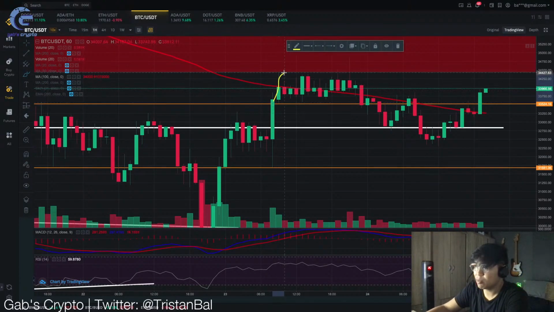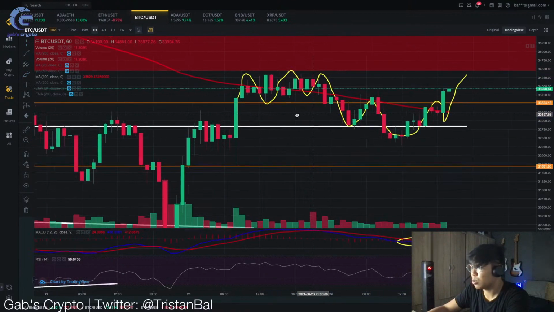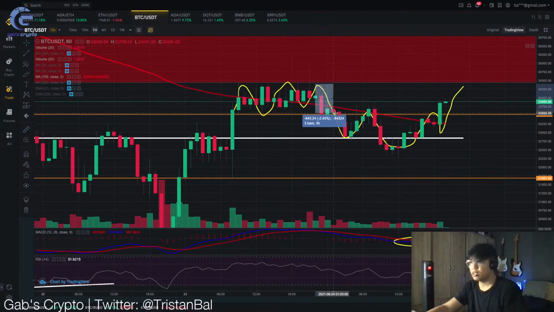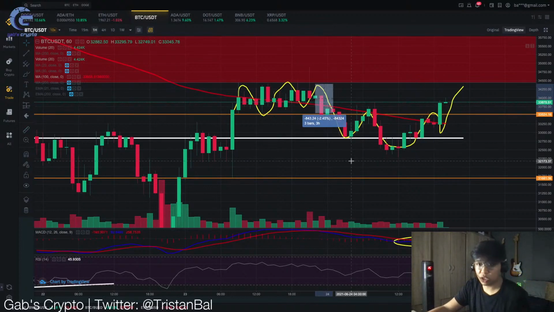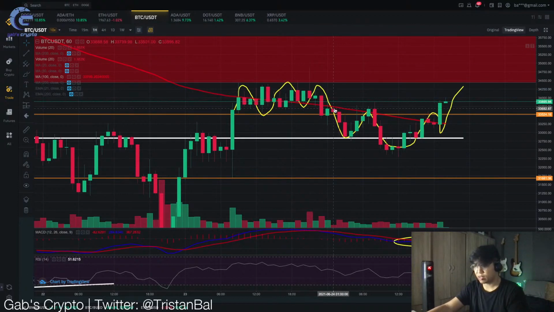Tingnan nyo guys, so dito siya nagpe-play. So ayan no, if I were you, kung gusto mo talaga mag-scalping, follow this support and resistance areas. Kasi tingnan mo, every time na magkakaroon ka ng movement dyan, 2.45, $2, 2% for every movement.